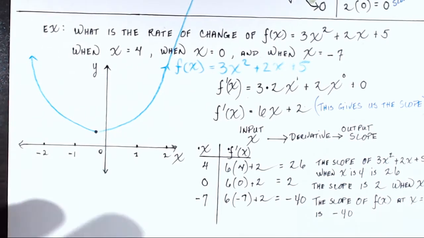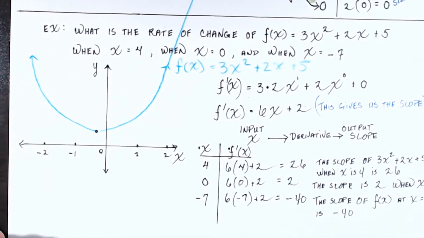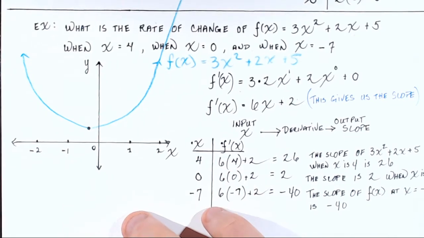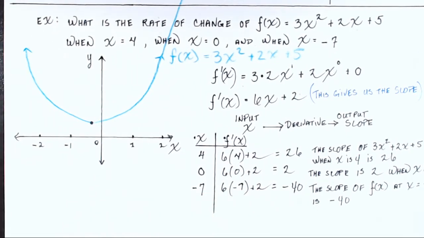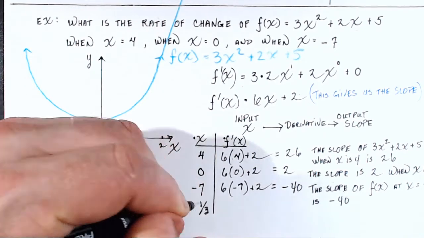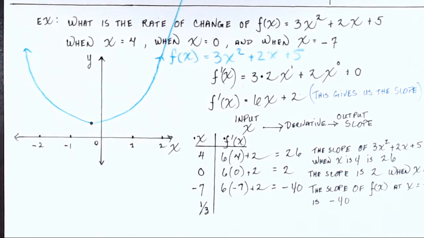So an interesting question is, where's the vertex? Okay. So if we were going to solve for the vertex of the function, we would need to do a little bit of gymnastics. But the vertex of this function is 1/3. Okay. So let's evaluate x at 1/3 and make sure that the math works.